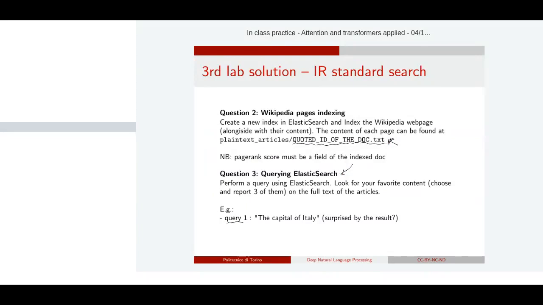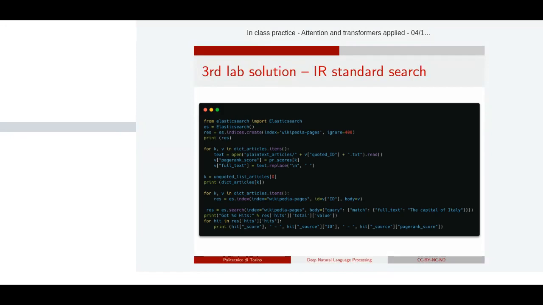An example for the query was the capital of Italy, and then you should be able to get the results. So the idea is that in the first part, you should be able to read the documents. So for each item in the dictionary, you should be able to access the full text of the article in this way. And so you can read this document.